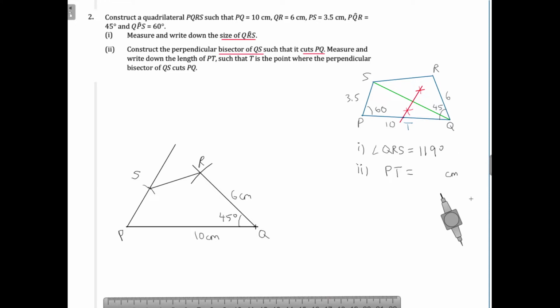And measuring PT. Before we measure PT, we must first do the bisector of QS. And QS is this line here, which is the diagonal.